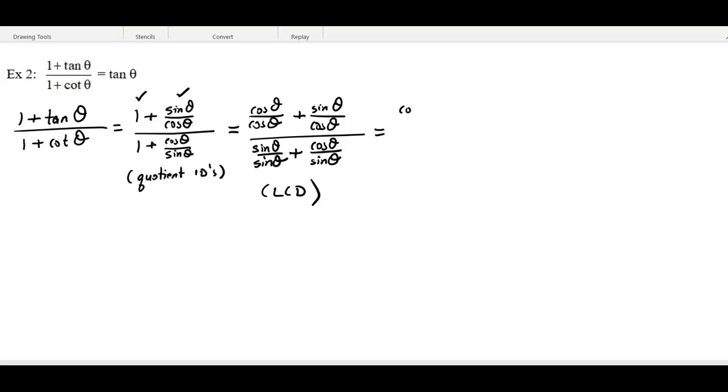So now I have cosine of theta plus sine of theta over cosine of theta, over sine of theta plus cosine of theta over sine of theta. Not a whole lot going on here. I just simplified.